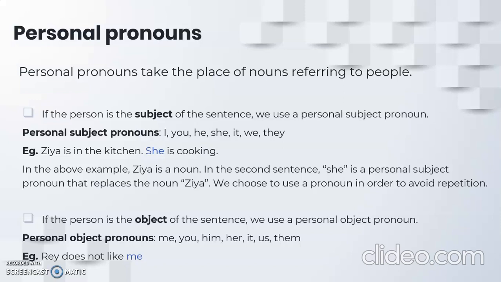And if the person is the object of the sentence, we use a personal object pronoun: me, you, him, her, it, us, them. The next example is: Ray doesn't like me. My name is Lydia, but in this sentence I don't want to mention my name, so I change it to me.